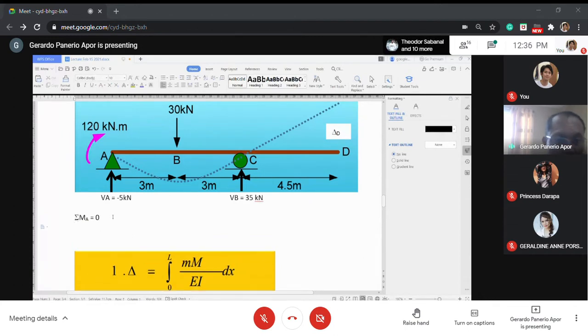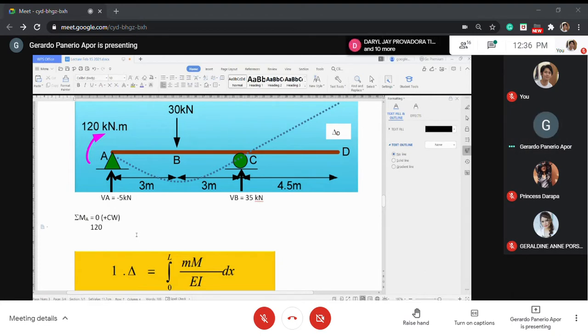If we sum up moment at A, positive clockwise, you will have 120.